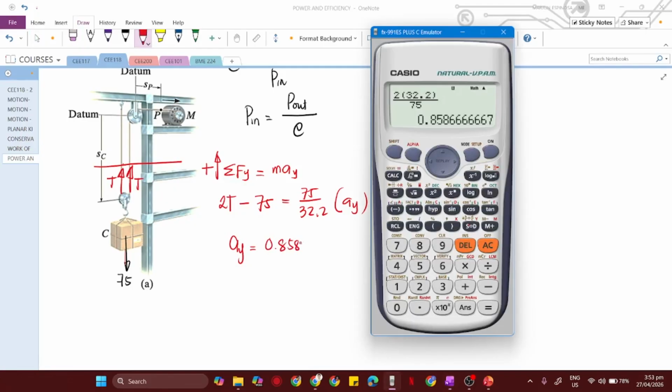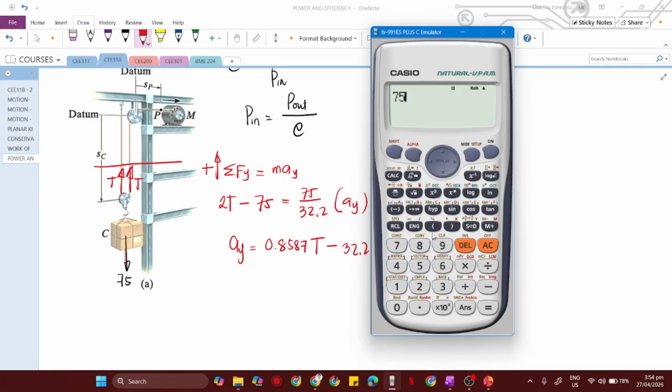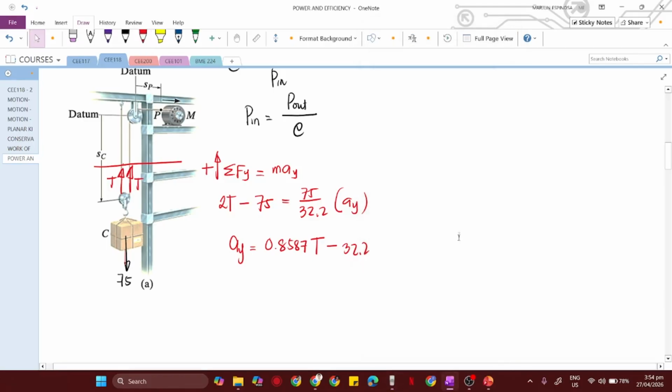So for example, 0.8587 T minus 32.2. Kasi if we will be multiplying 75 by 32.2, then divided by 75, that is obviously 32.2. Yan. Okay, so that is our AY. So this is our equation number 1.